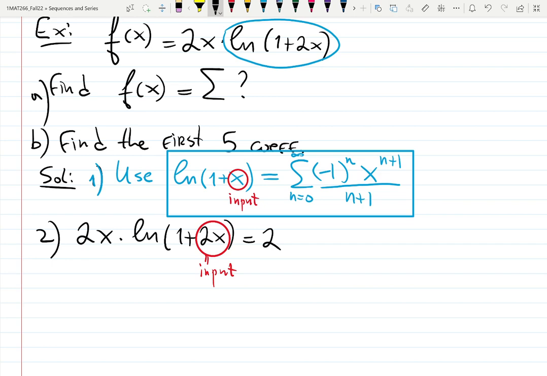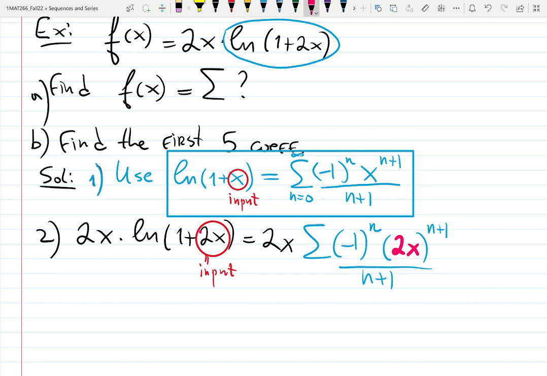So it's gonna be 2x, and now we use the formula, and we will have the sum of minus 1 to the n, which means the logarithmic function has an alternating series, new input over n plus 1. New input is 2x, and new input is raised to the n plus 1.